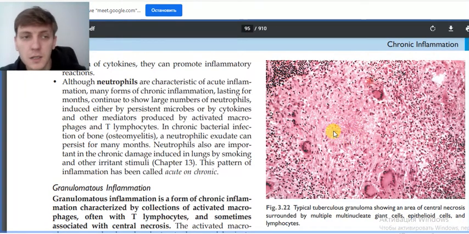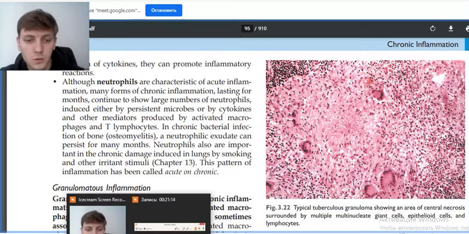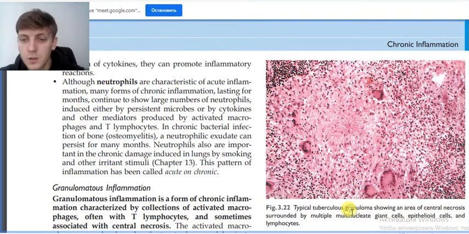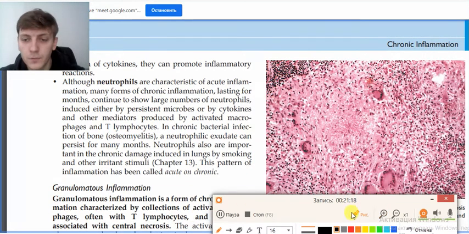You see eosinophilic masses present inside. It's the typical appearance of necrotic tissue. And what we see on the side? First of all, take a look at these cells. This cell, do you see it? Yeah, I'm drawing it.